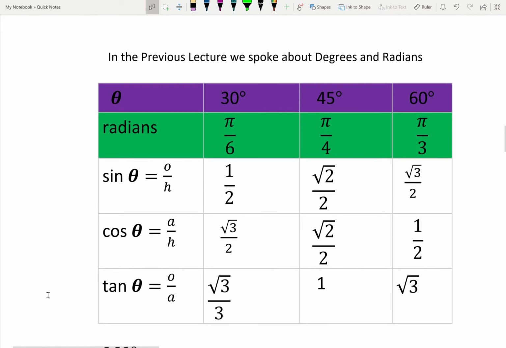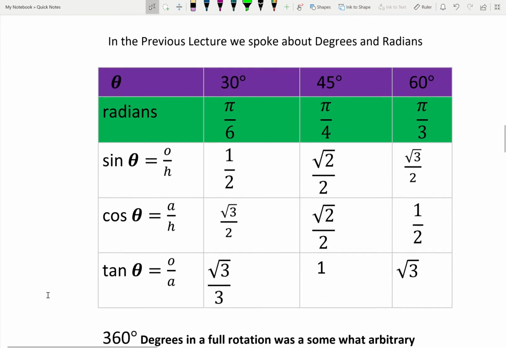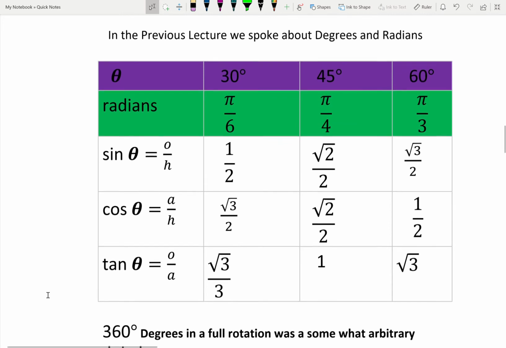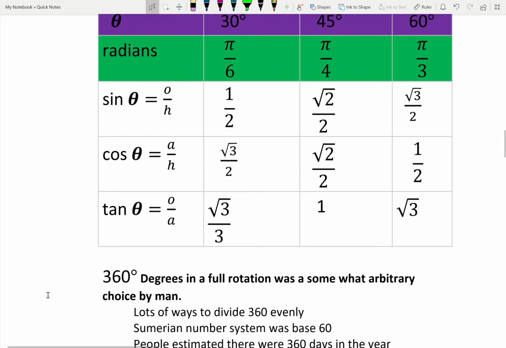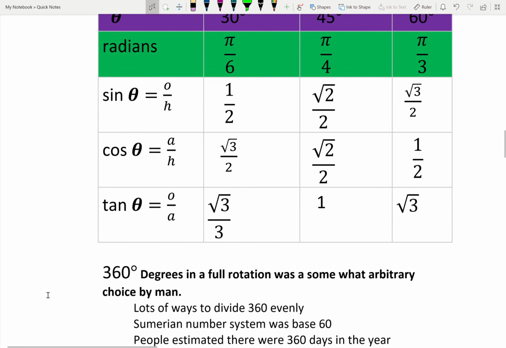So what are degrees? Well, unfortunately, degrees are kind of just random, right? They're kind of arbitrary. So as we know, in a circle, there's 360 degrees. And why did they pick 360 degrees in a circle? Like I just said, it was kind of arbitrary. And a lot of people hypothesize about why they chose that number.